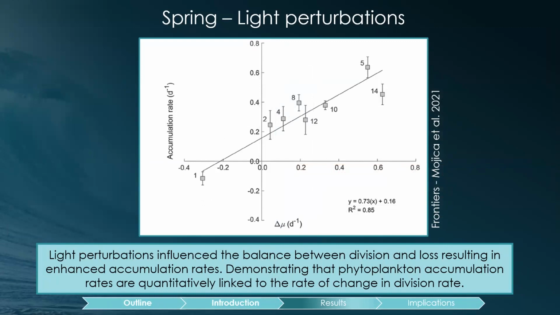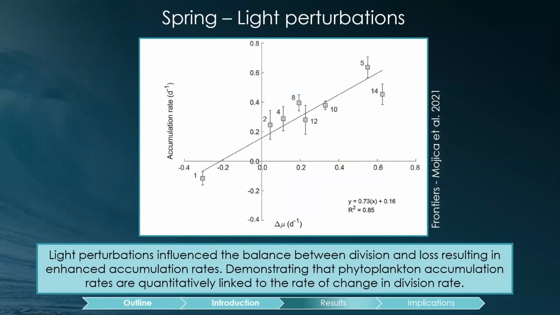So in other words, phytoplankton growth was accelerated by increase in abiotic light conditions and decoupled from mortality. Again, due to the lag in the response of mortality over that 24-hour period to this increase in division. And this resulted in enhanced accumulation rate.